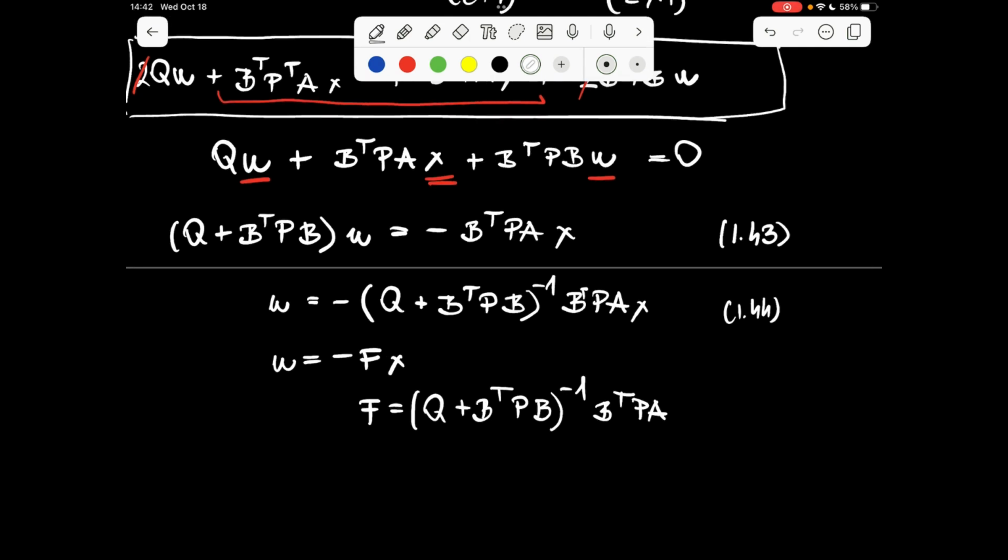But there is a fly in the ointment, because we want to describe the optimum choice as the function of the state. We have a function, but this matrix, which belongs to the value function, is unknown.